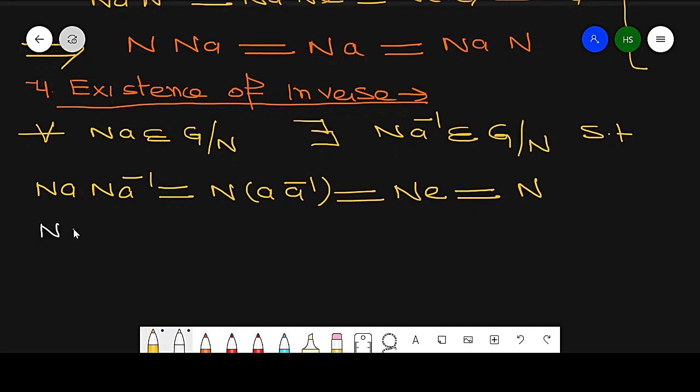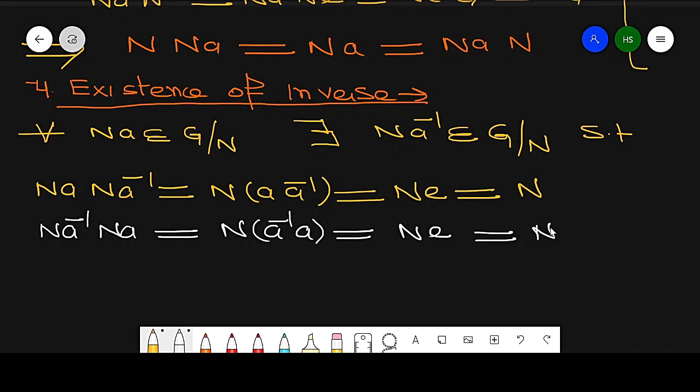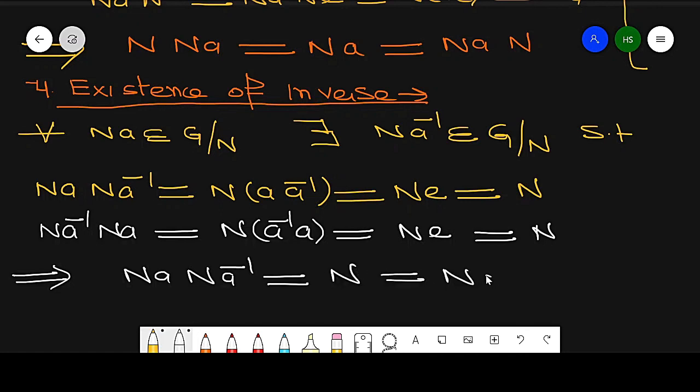Similarly, Na inverse into Na equals N a inverse a. This is again identity, so this is again equal to N. So what we get is Na into Na inverse equals identity, and this equals Na inverse into Na.